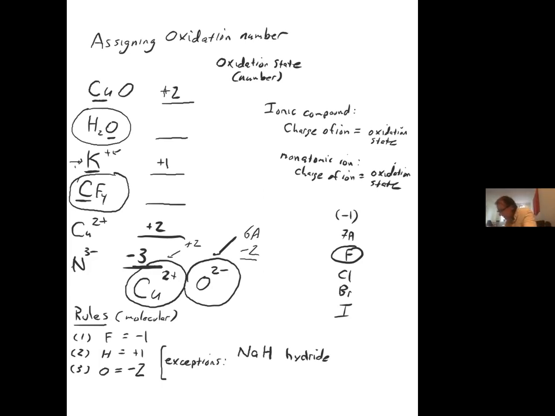And the hydrogen is actually negatively charged. This actually exists in nature. And so we would say the oxidation number for hydrogen is -1. Okay, so you're not going to see that very often. Most of the time, hydrogen is +1. In fact, 99% of the time, hydrogen is +1.